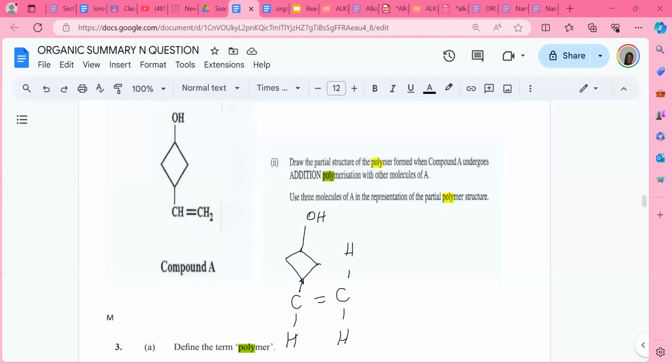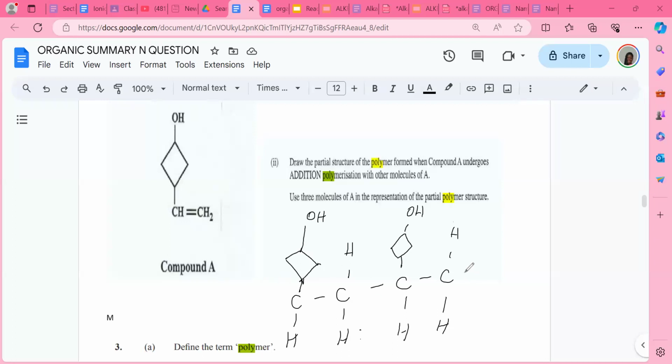In addition polymerization, all I'm going to do is remove the double bond and repeat the monomer structure. So the group with the OH would still be there. It says use 3 molecules of A to draw the partial polymer.